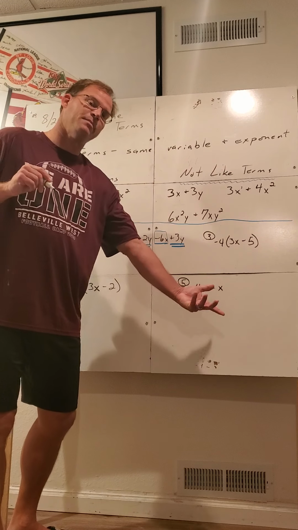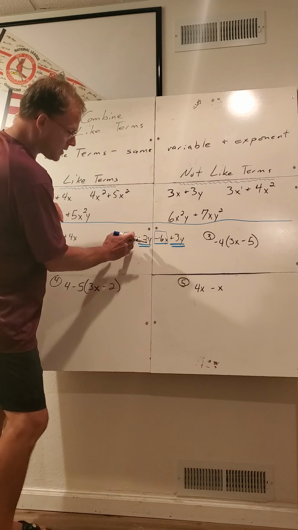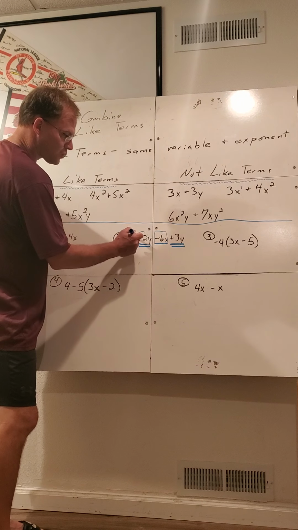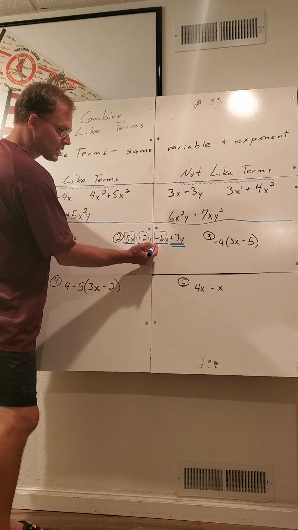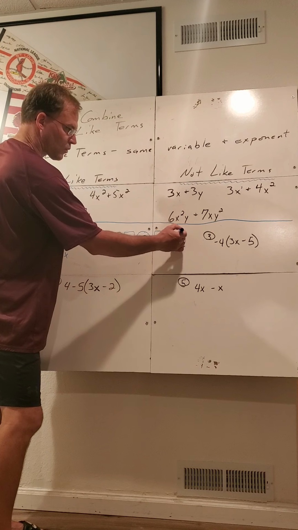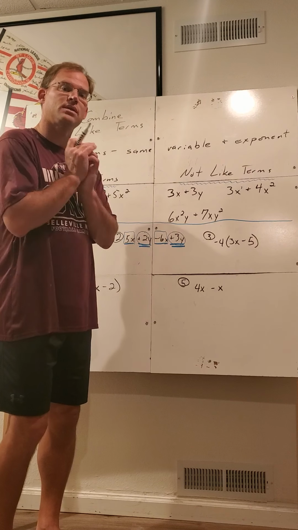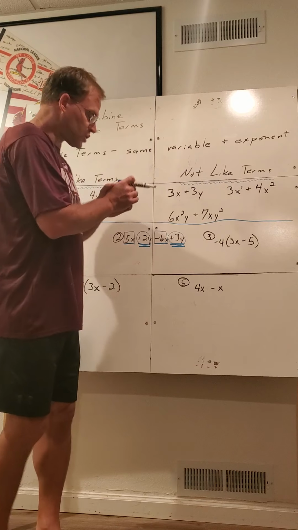Never use the sign behind the term. Always the sign in front. The plus here belongs with the 2y. The minus belongs to the 6x. The plus belongs to the 3y. Very, very, very important. Always use the sign in front of the term.